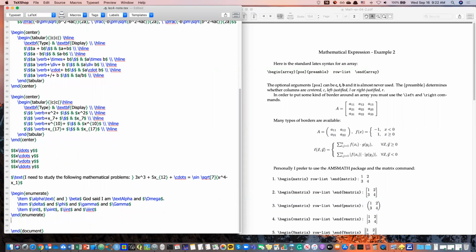So first of all, let's start with the LaTeX syntax array. As you can see here, how can you write a matrix or piecewise functions? We use the syntax array.